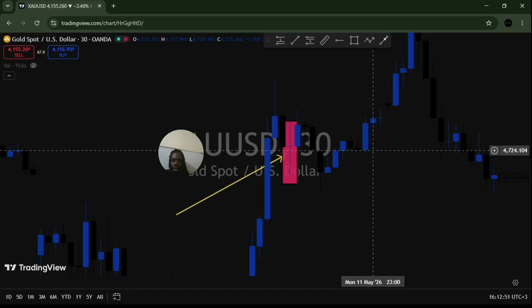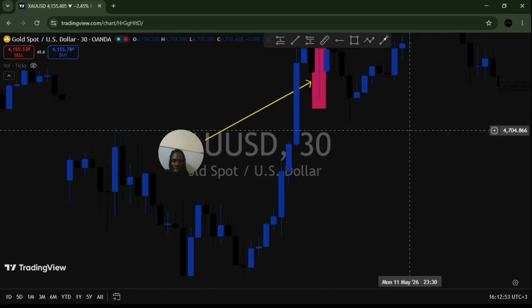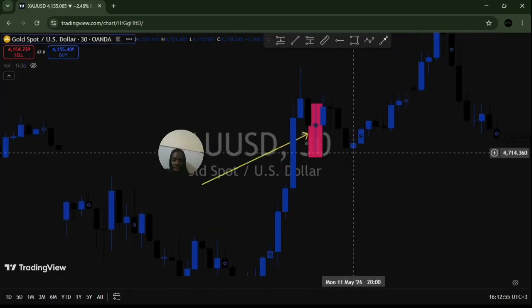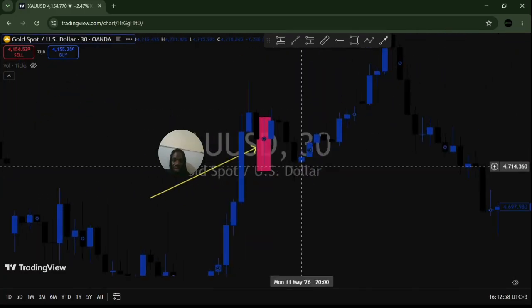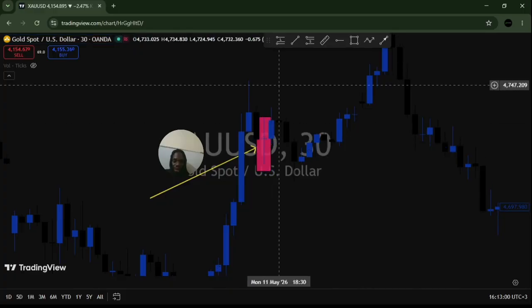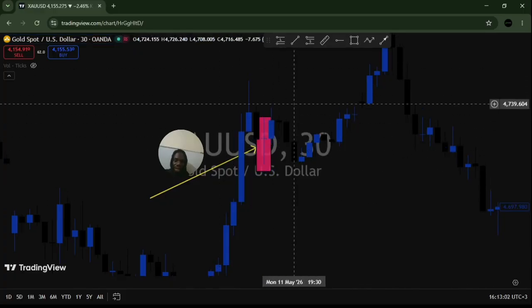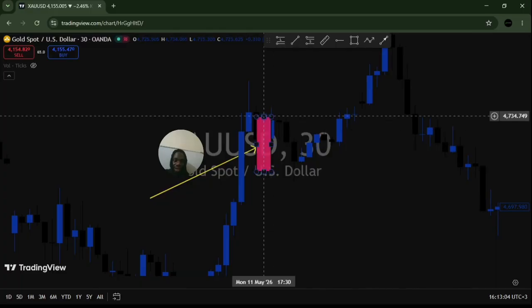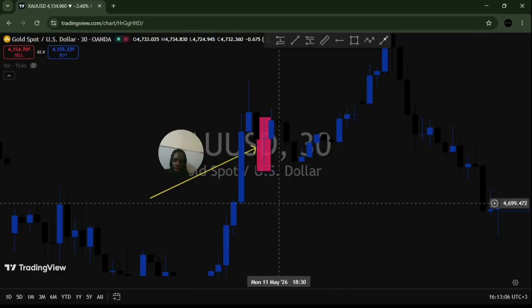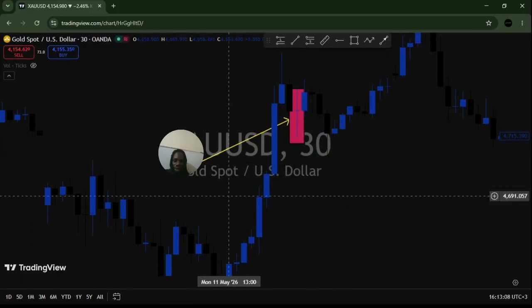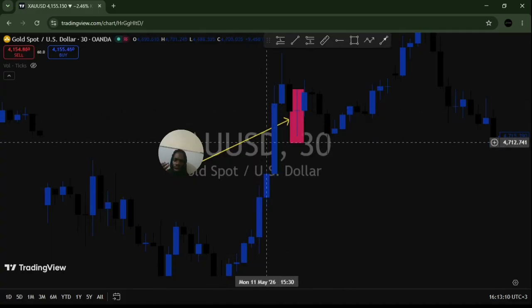So these are the candles you see here. This is a doji candle. I've told you about it. It's an indecision candle. Maybe you are holding your trade, so you have to close some trades.